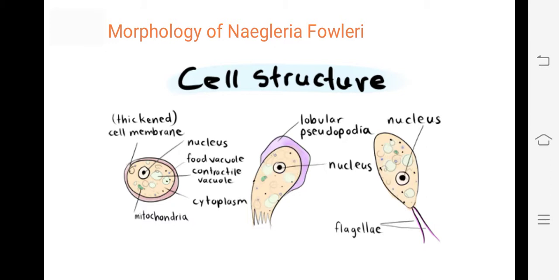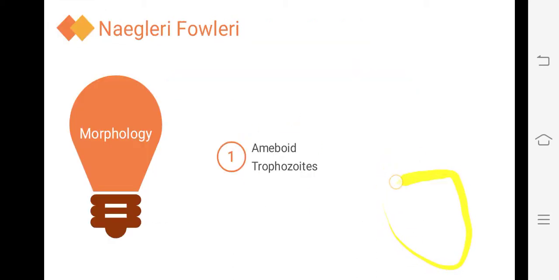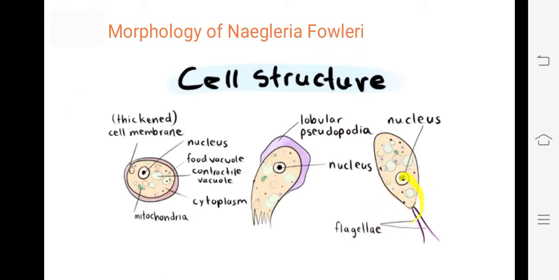The first one here is the cyst form. It is usually round. While the amoeboid form, or the amoeboid trophozoite, has lobular pseudopodia. And the flagellate form, from the word itself, has flagella.